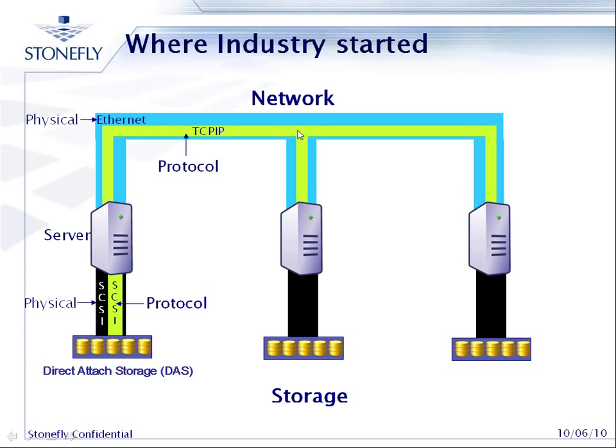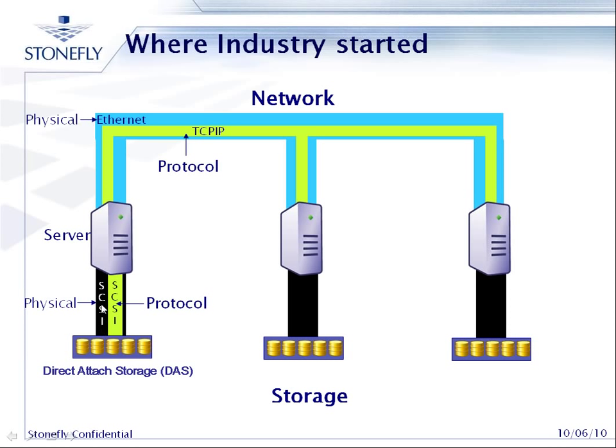Where the industry started, if you look at the servers, there was a network for the network connectivity between the servers. They also had direct attached storage connected to them.